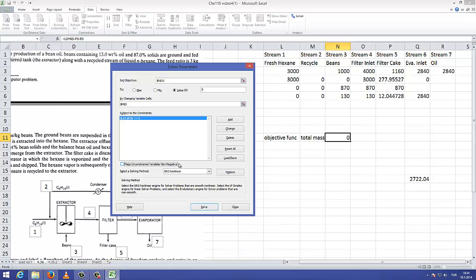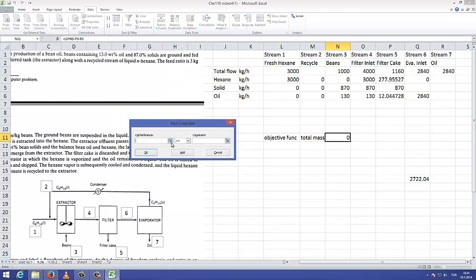Anyway, I also want another constraint. You can set your constraint equations such that I want this oil to be equal to the amount that is left in the system, which means I want the new recycle to be selected. This recycle will go here.